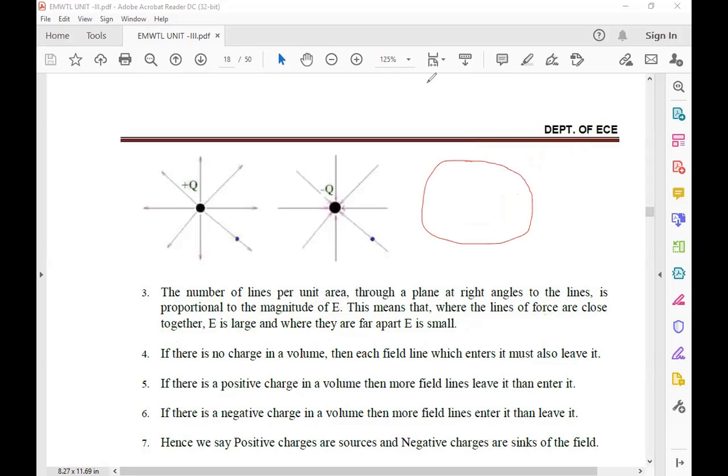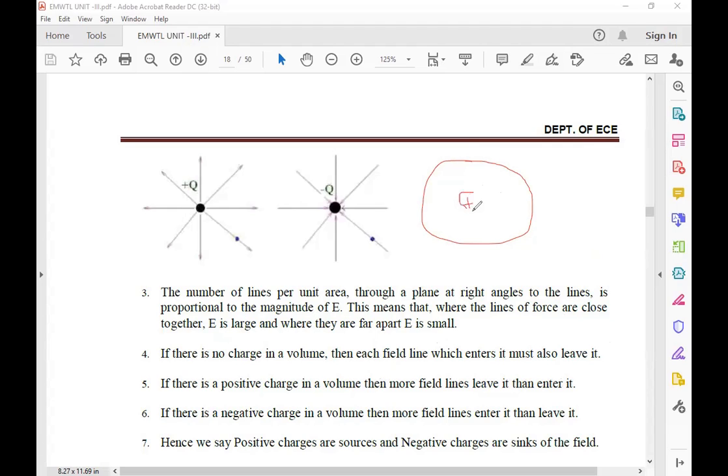And the fourth point says that if there is no charge in a volume, then each field line that enters it must also leave it. Understood? If there is no charge inside the volume, each field line that enters must leave. If there is a positive charge in a volume, then more field lines leave it than enter it.